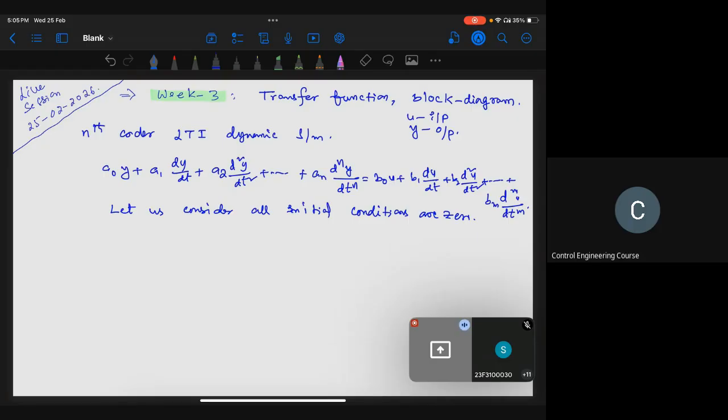If you take all these initial conditions as zero and apply the Laplace transforms which we saw in the previous classes, what do we get?